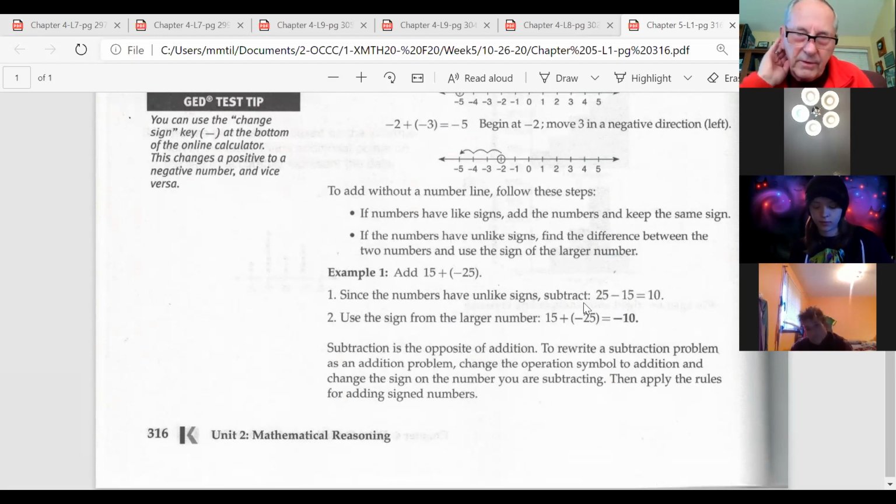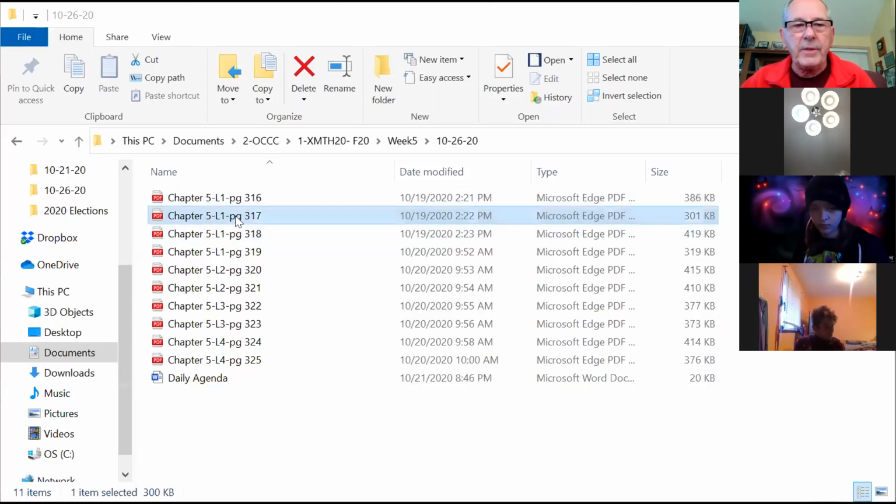I don't know why they're doing it that way, but okay. Sometimes they explain these just a little strange, I think. But you've got a plus 15 and a -25, you're going to end up with a -10. Okay. I'm going to go on to the next page and we'll see if you guys can answer some of these.